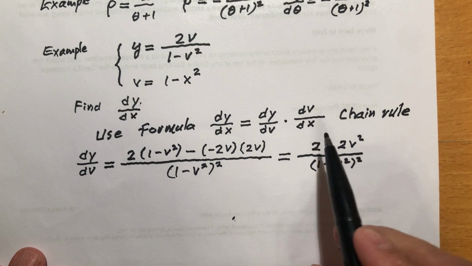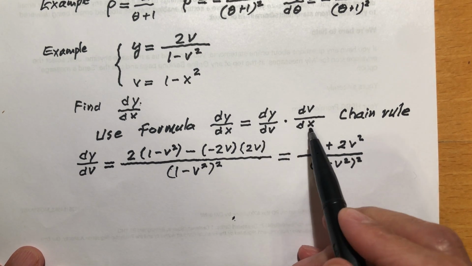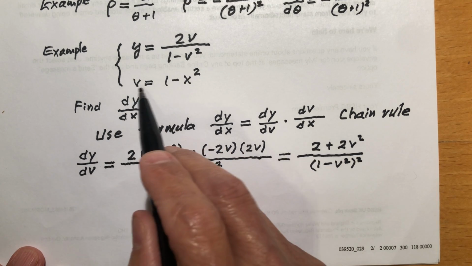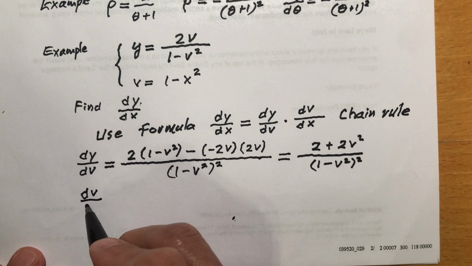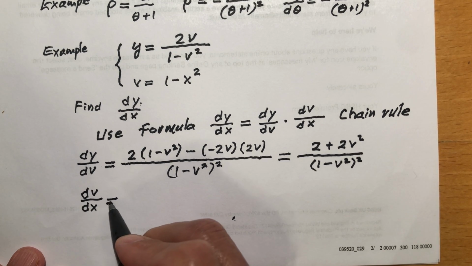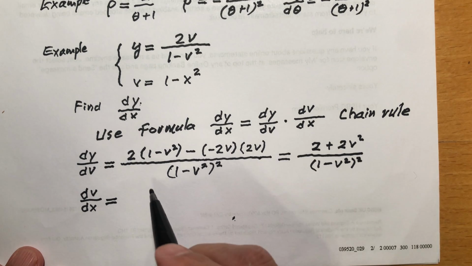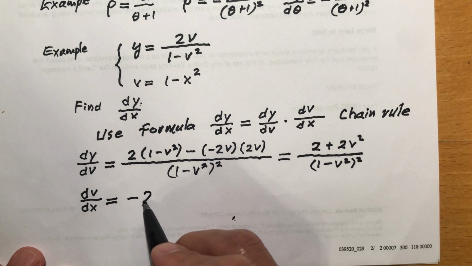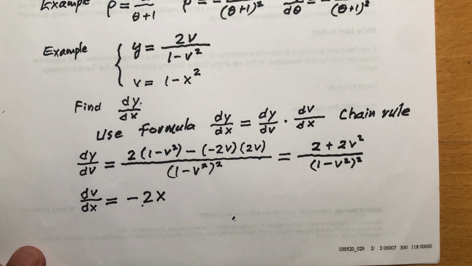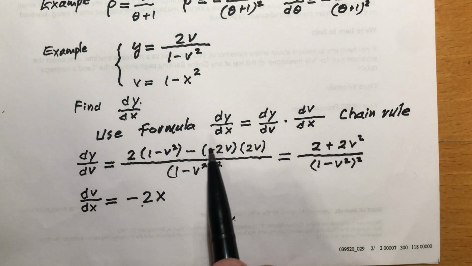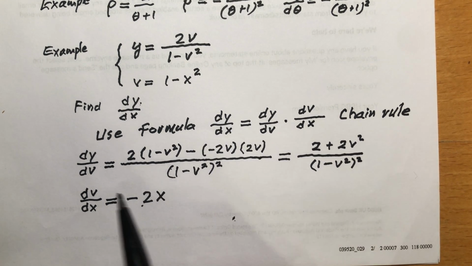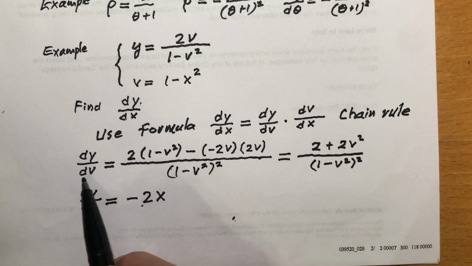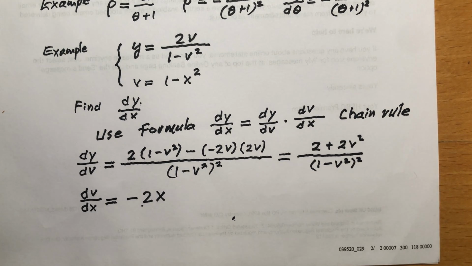Now I need to find dv by dx. This is the derivative of this function, so dv by dx. This is easy, minus 2x. Then we use a formula. What is dy by dx? dy by dx is dy by dv multiplied by dv by dx.